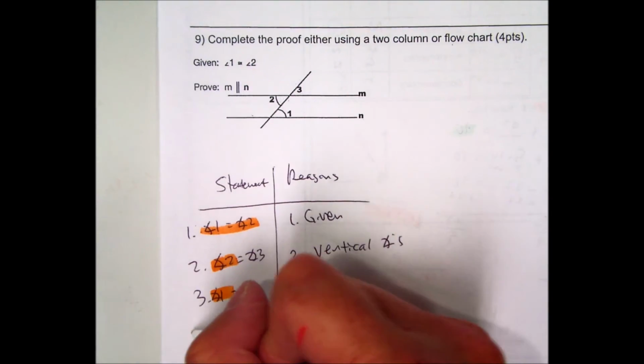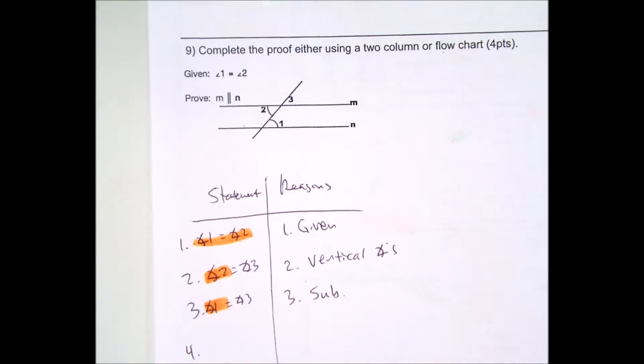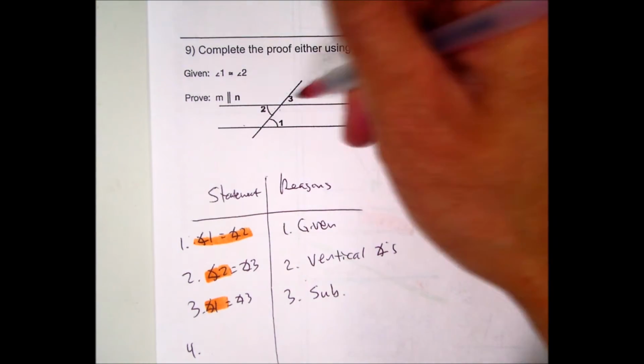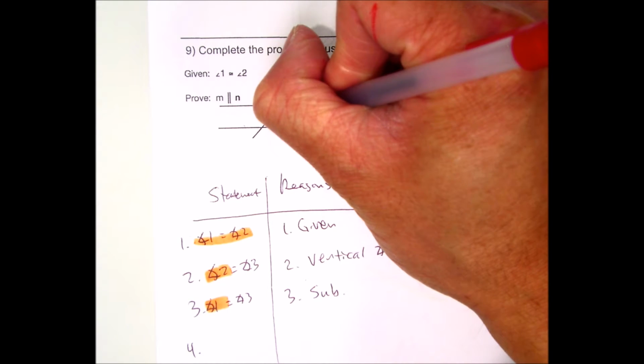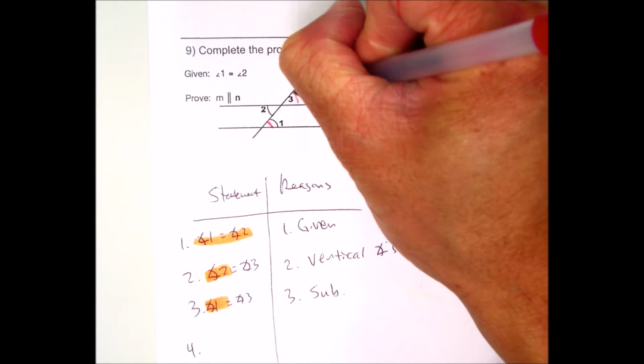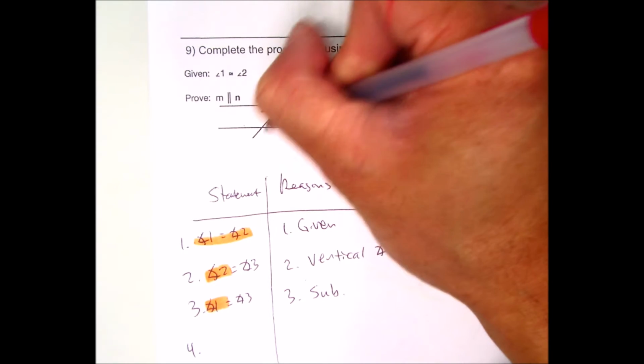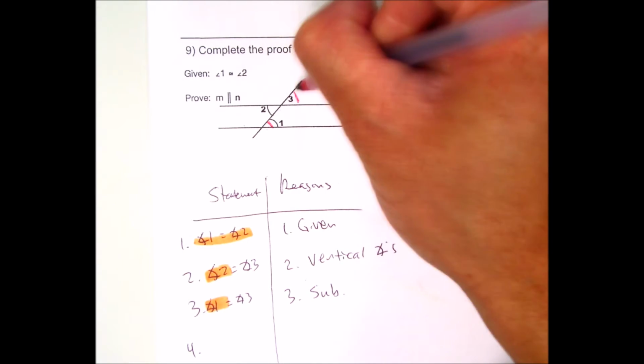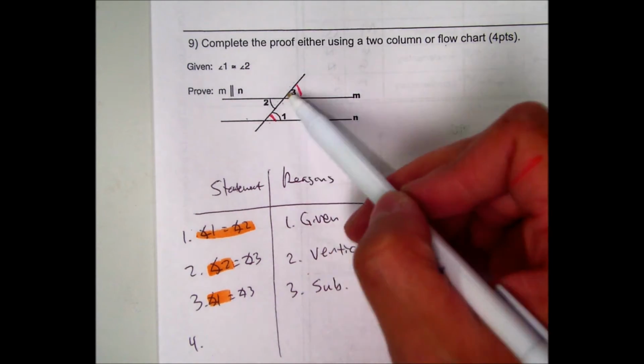Okay, we're almost there. I'm going to put in a red mark. If 1 is equal to 3, what type of relationship do they have?